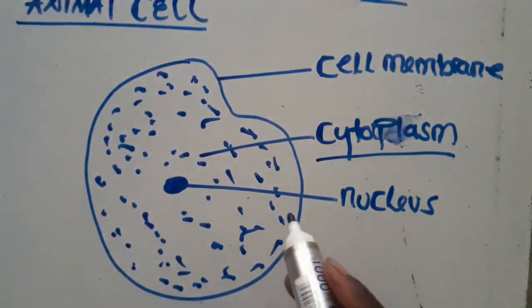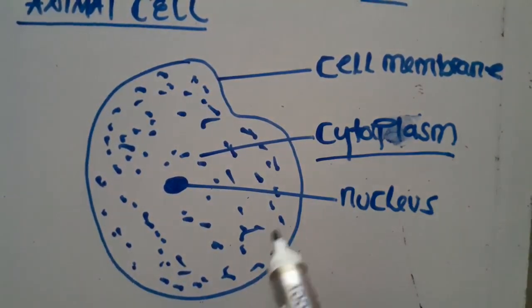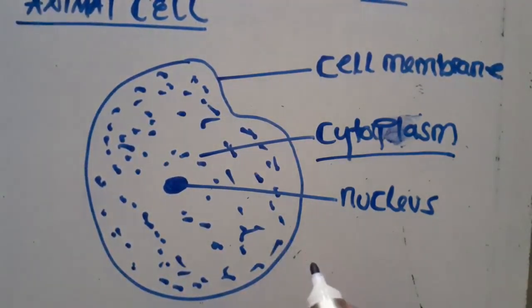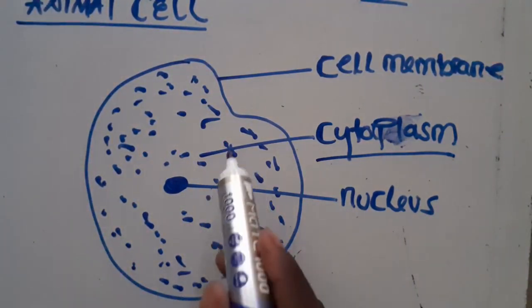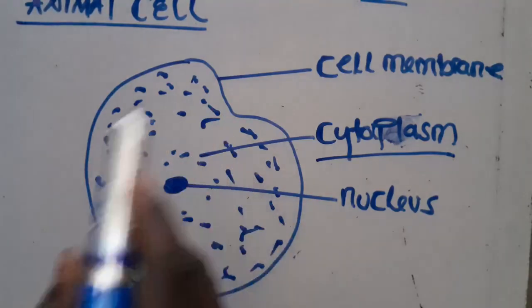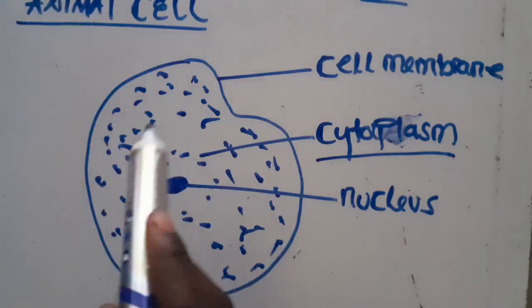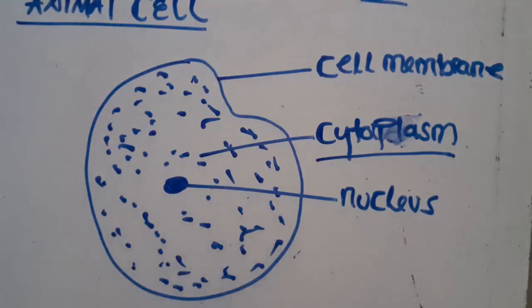So today we are going to discuss the detailed structure of an animal cell. We are even going to know exactly where these parts are located inside the cytoplasm. Inside the cytoplasm, there are other parts which include ribosomes, a vacuole, smooth endoplasmic reticulum, rough endoplasmic reticulum, mitochondria, and so on.